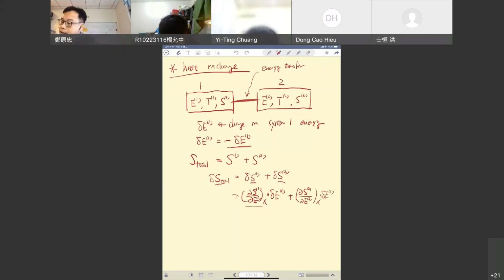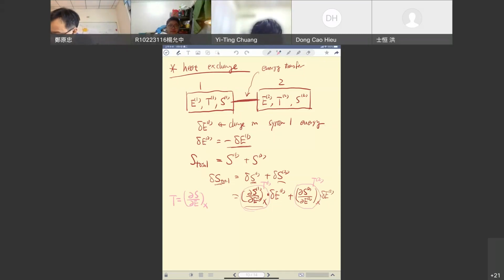And you realize that we have seen this before, because our definition of temperature is partial S, partial E. Sorry, inverse temperature.